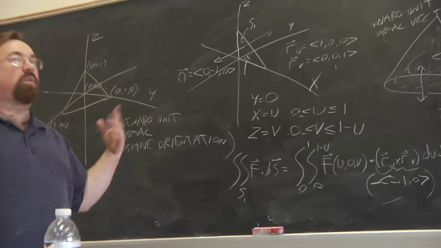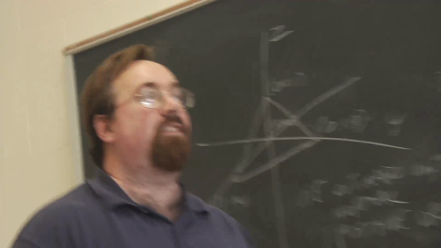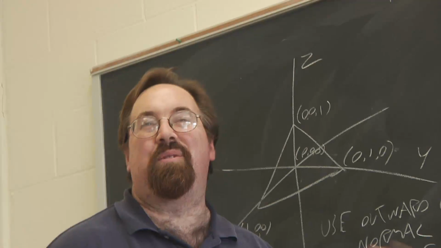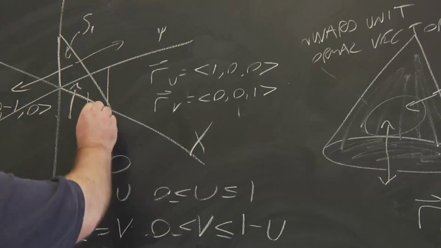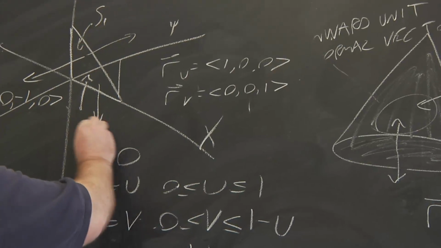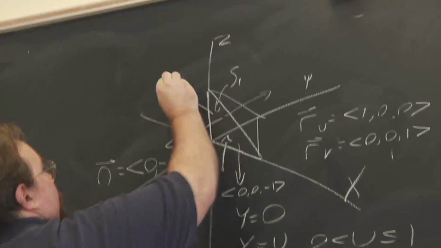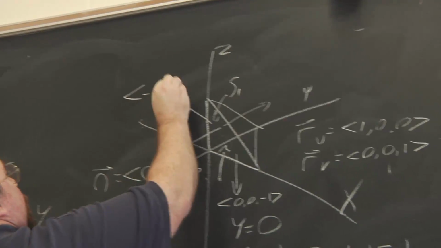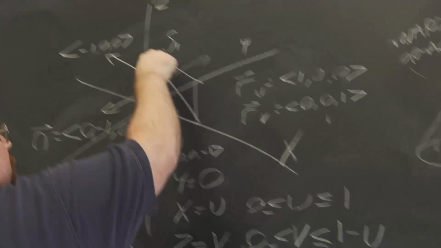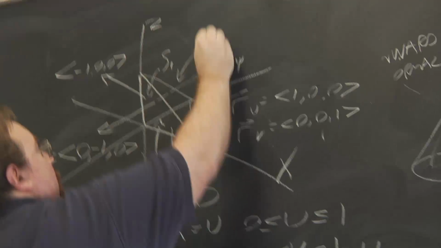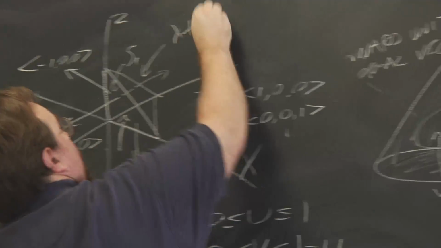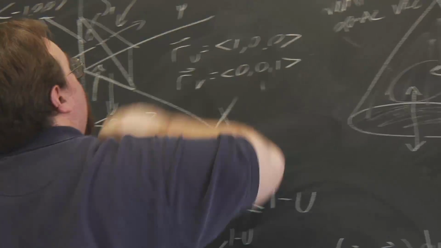Now you'd have to repeat the process for the other three sides. For the base, our outward unit normal would be (0, 0, -1). For this side along here, it's (-1, 0, 0). And then here we have a plane, x plus y plus z equal to 1.